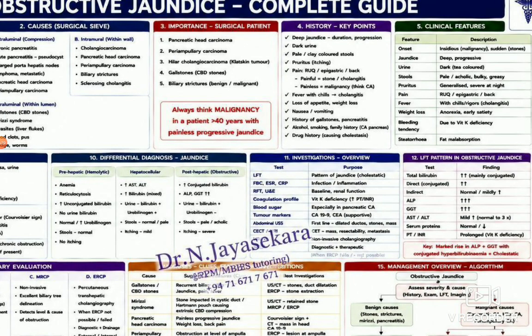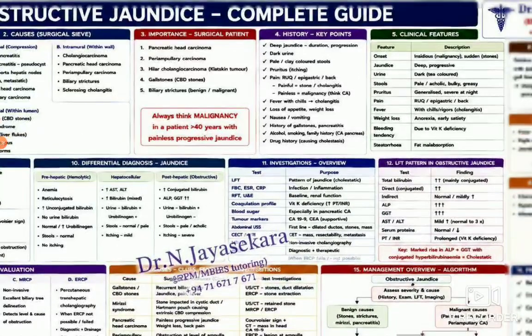Okay, now we'll go for the history taking. When taking the history, think like a surgeon. Ask about the duration, progression, pain, fever, weight loss, stool color, urine color, and pruritus.